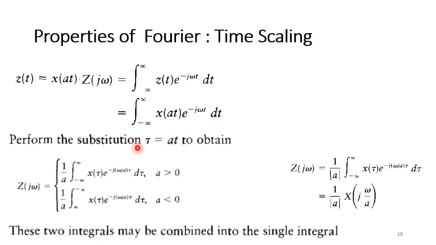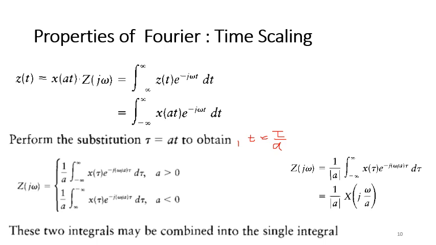Now again we change the independent variable. Let's say tau equals at, so that means t equals tau by a. So let's put it here.